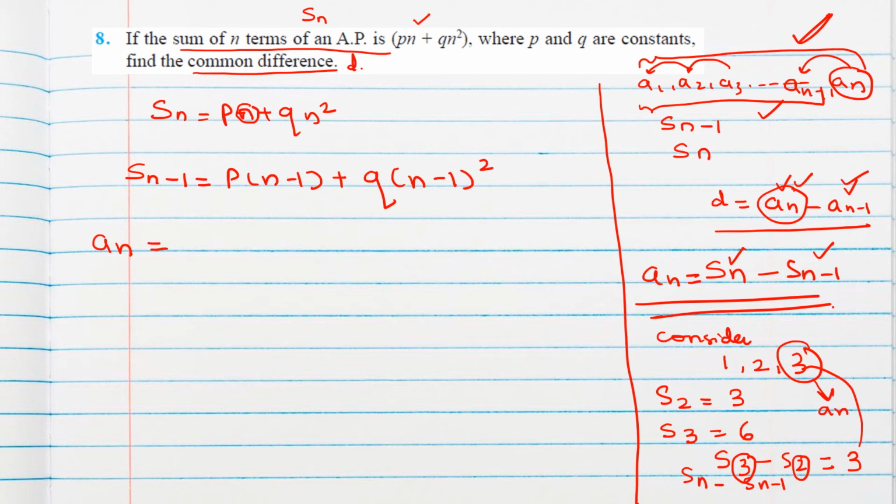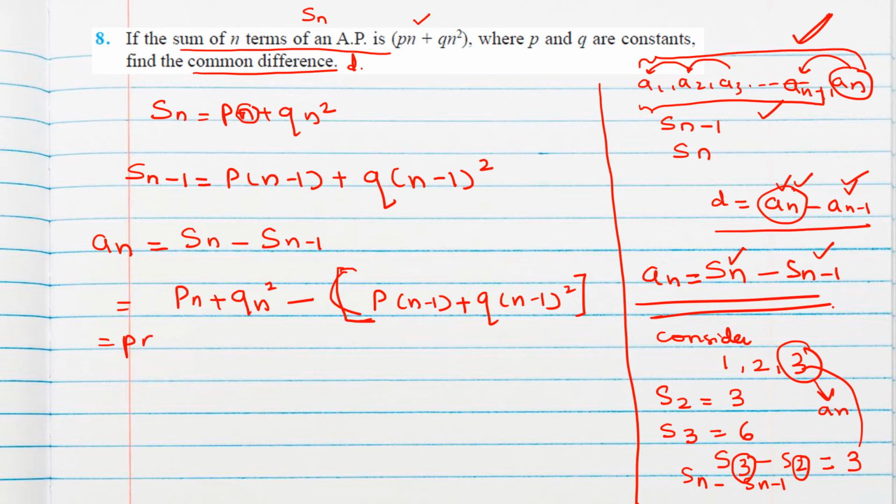Just now I told you An is Sn minus Sn minus 1. So Sn is Pn plus Qn square. Write all these terms in brackets because minus is there outside. This is Sn minus 1. Now we'll open the bracket and check which terms we can cancel.